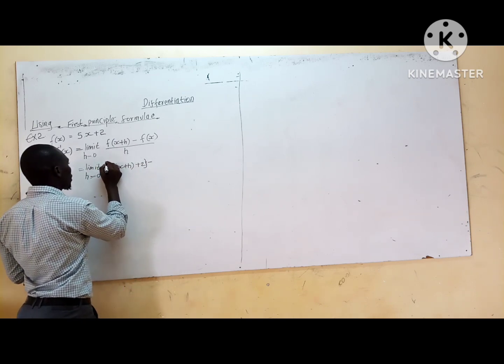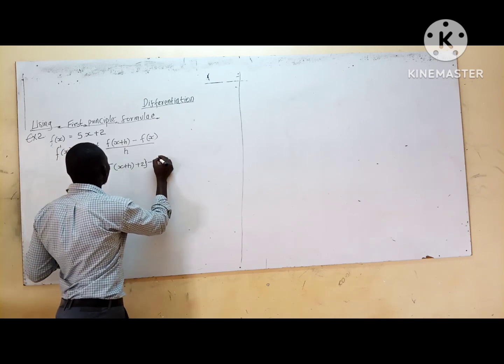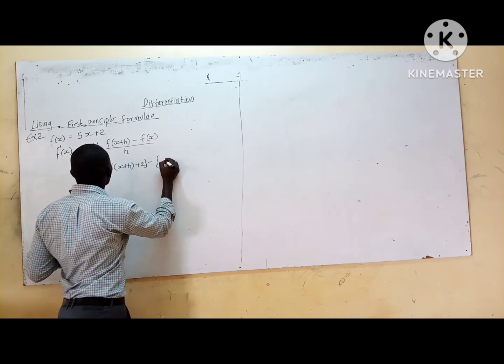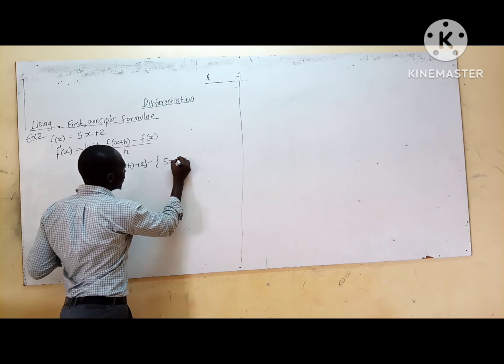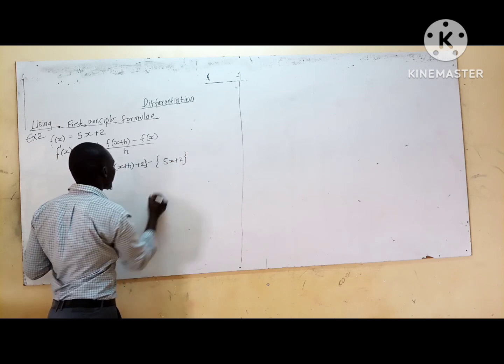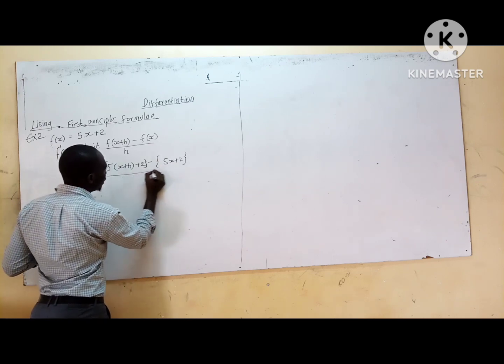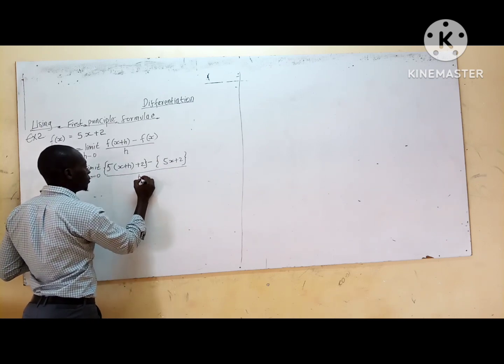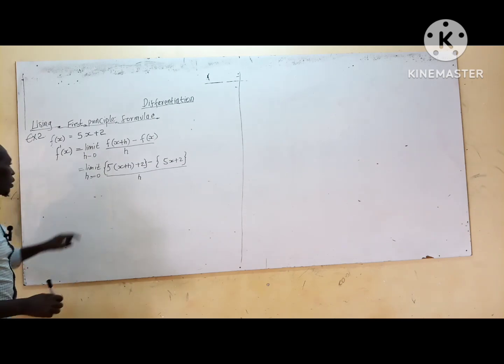This is our first bracket: 5x plus 2. Everything will now be all over h.